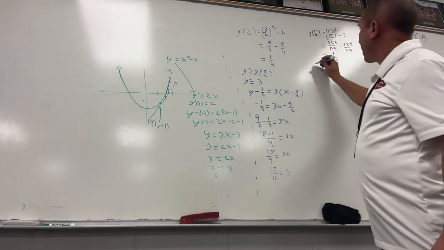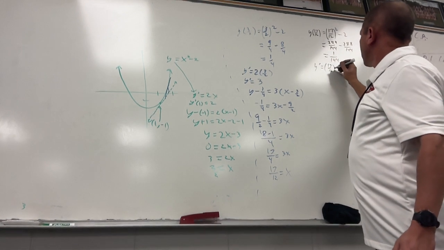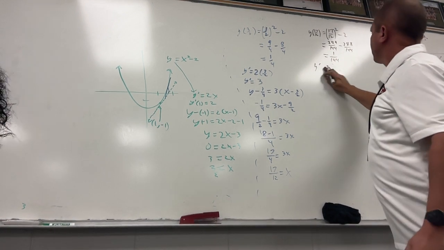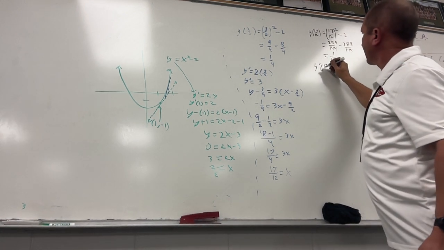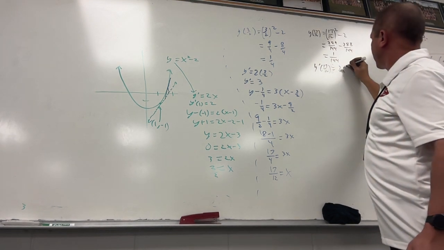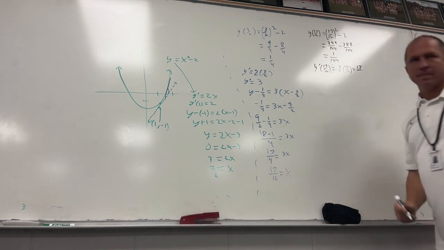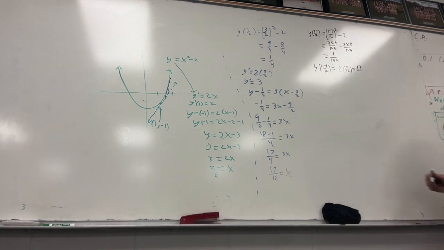Okay, so what is y prime of 17/12? Well, y prime of 17/12 would be 2 times 17/12, which would be 17/6.